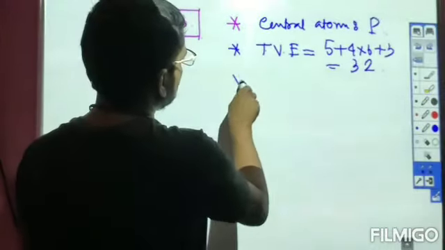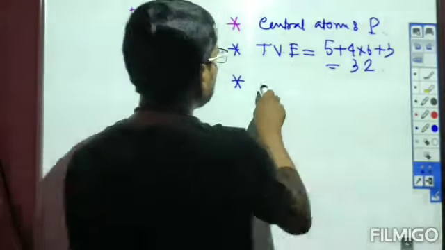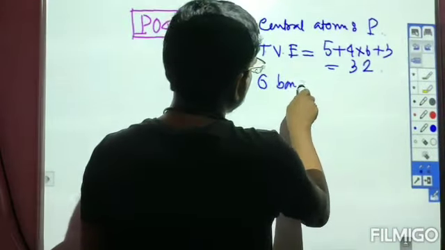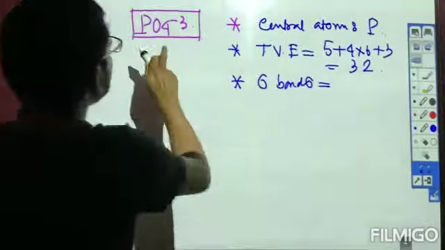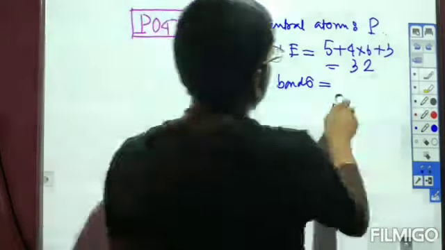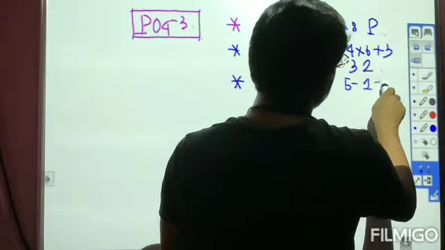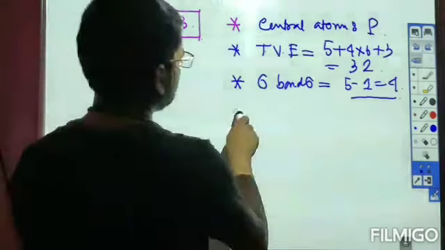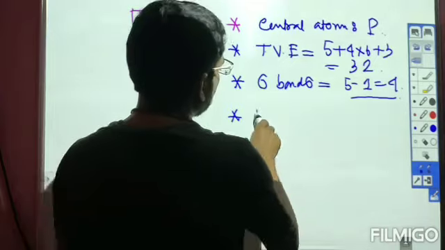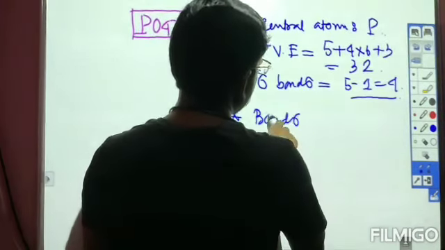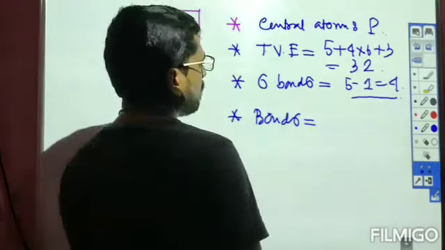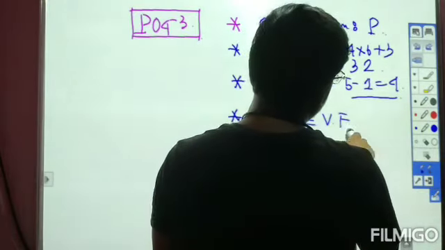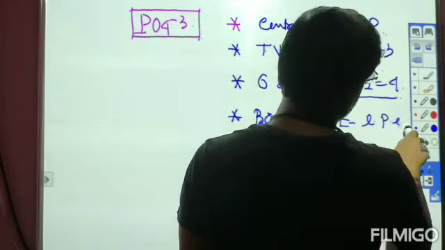Okay, total valence electron. Sigma bond কত? Sigma bond by 4 কে 5 means 5 minus 1, so 4 sigma bonds. Pi bond কত? See, bonds equal to valence electron minus lone pair electron.